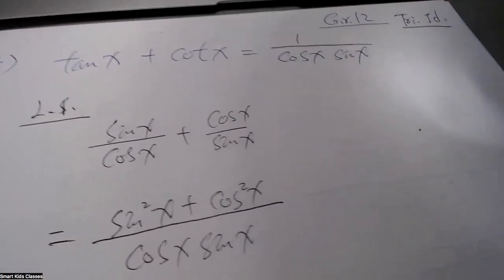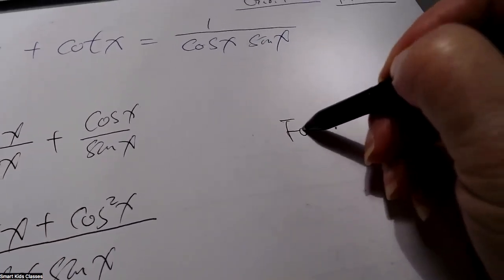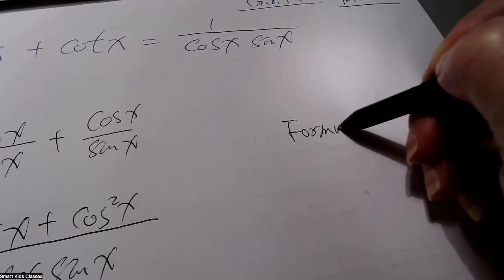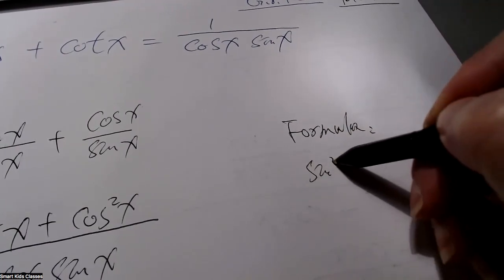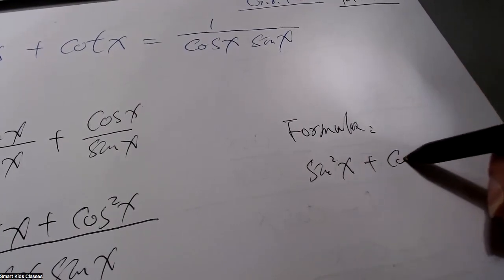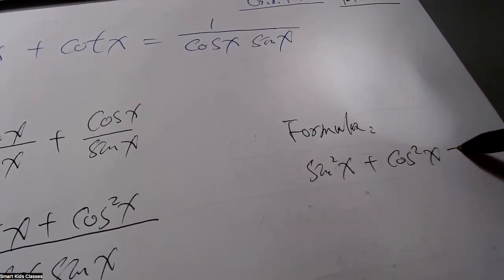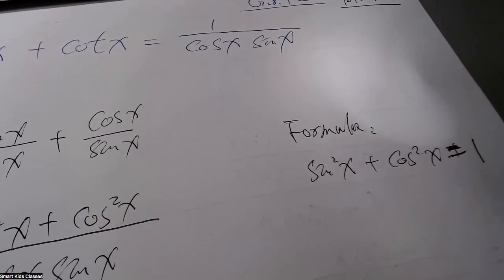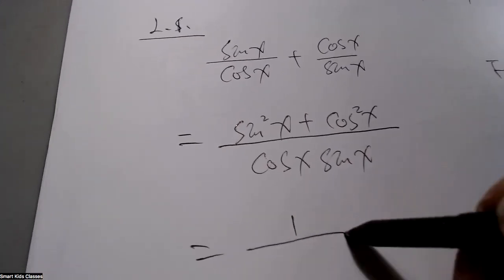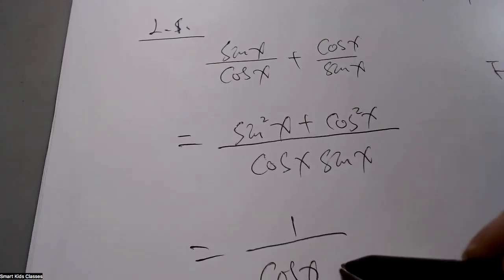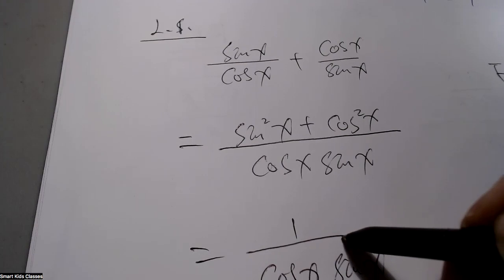And there's a formula: sine square x plus cosine square x is equal to 1. So we're going to write the numerator is equal to 1, 1 over cosine x sine x.